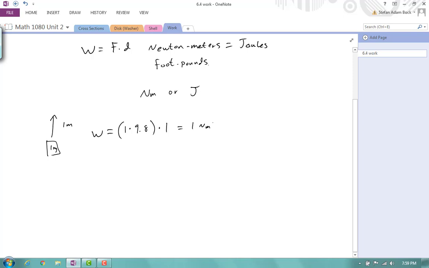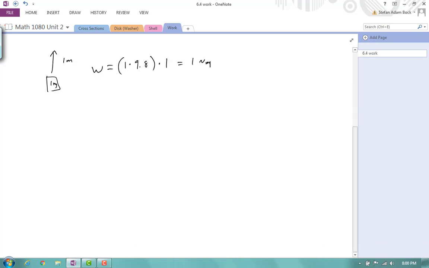But calculus is made to deal with situations where things are changing. So, for example, if I wanted to lift a rope of a certain weight, as I lift the rope, the amount of rope which is hanging down, or the weight that I'm lifting up, is decreasing.